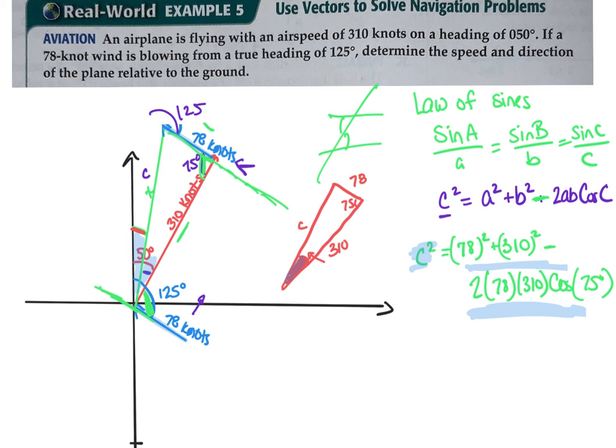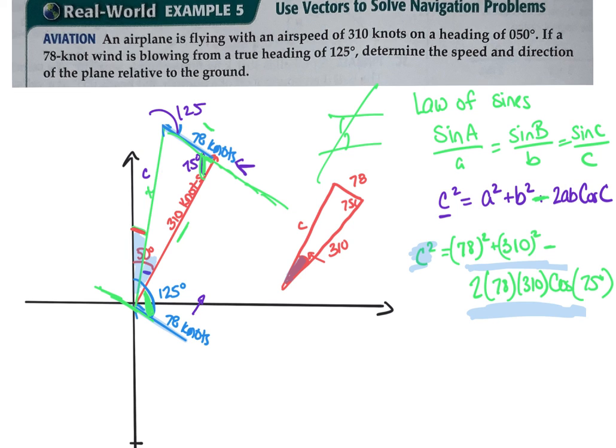Once you have done all of this, 78 squared plus 310 squared minus 2 times 78 times 310 cosine of 78, you're going to get this crazy number. You can just hit square root of your answer, which is like your shift, if you can find your answer key on here, and it will take the number it just calculated and throw it into the square root for you. You don't have to type in the rounded form of it, okay?